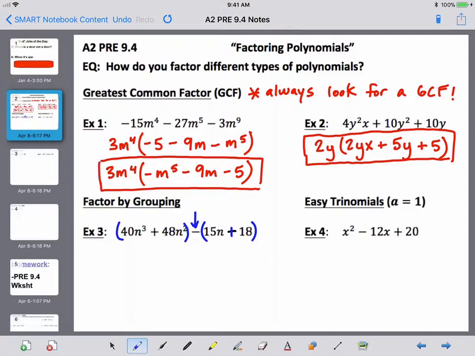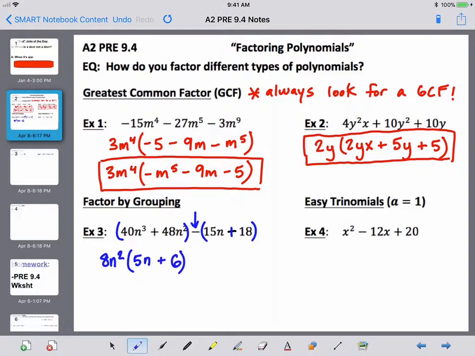Okay, so next step is now to take out the greatest common factor in each of those groups. So in the first group, I notice that 40 and 48 are both divisible by 8. I also notice that they have an n squared in common. So if I factor that out, I'm going to be left with 5n plus 6.